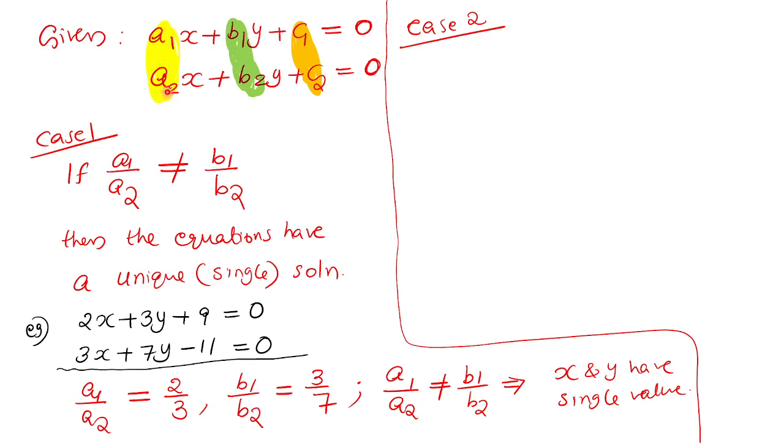The a1 by a2 is the first ratio, this is the second ratio, let it be the third ratio. Now case 2 is: first ratio equal to second ratio equal to third ratio.